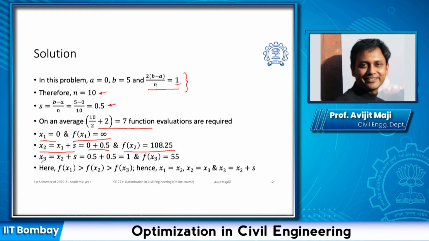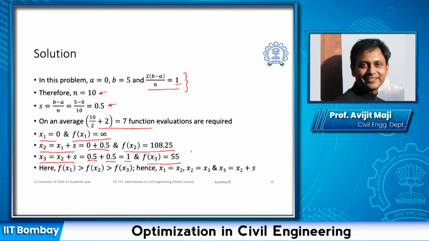The third point is obtained by adding the step size with the second point. So my second point is 0.5, with that we are adding the step size 0.5, and we are getting the third point as 1, and the function value at that point is 55.